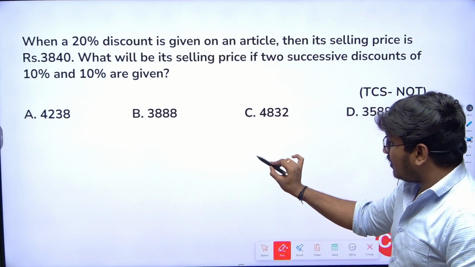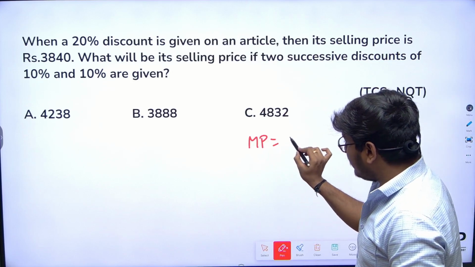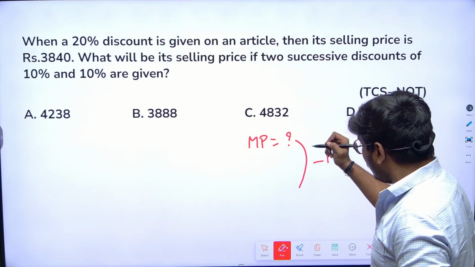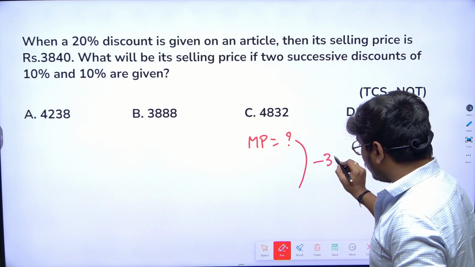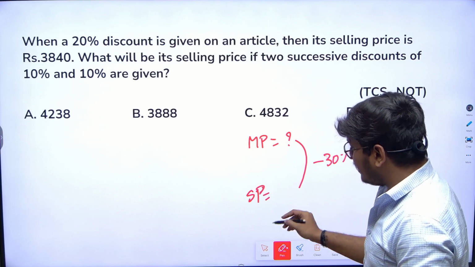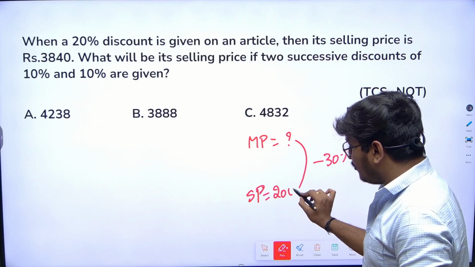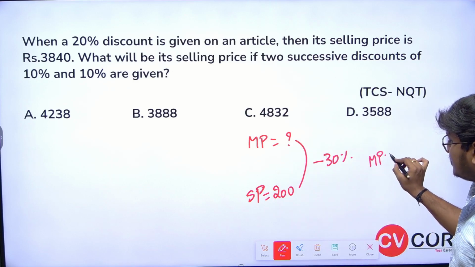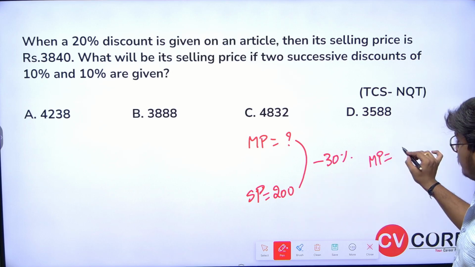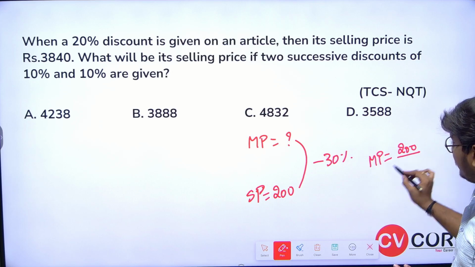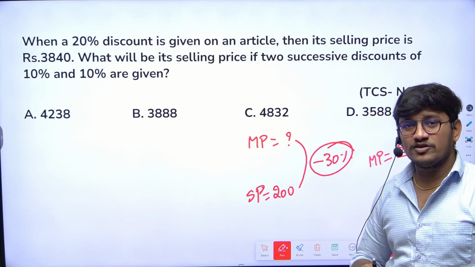Let's say if I want to find market price, obviously the discount will be given from market price. Let's say it is a 30% discount. For selling price, they mention some value like 200 or 250, whatever it is. To find market price, write the selling price, whichever is given, 200, by how much discount is removed. 30% discount is removed.